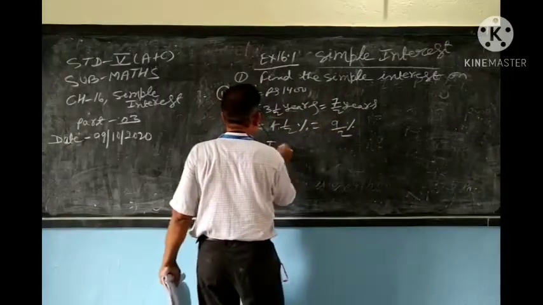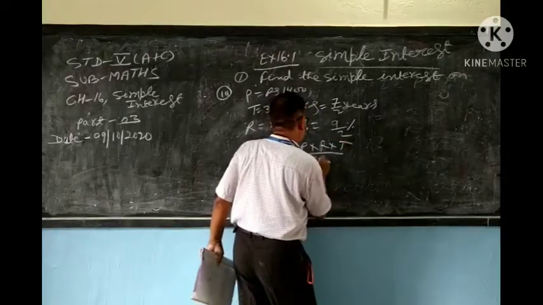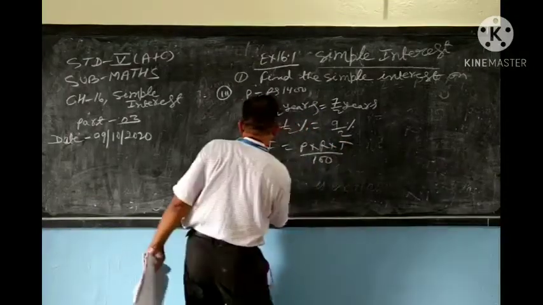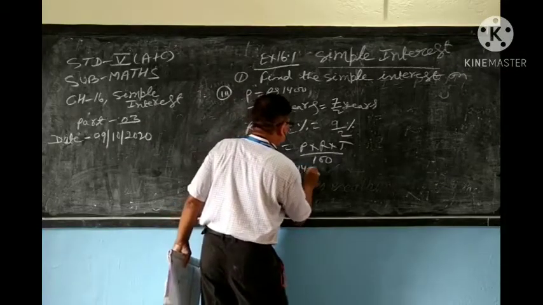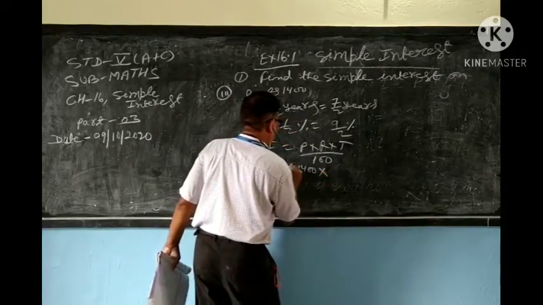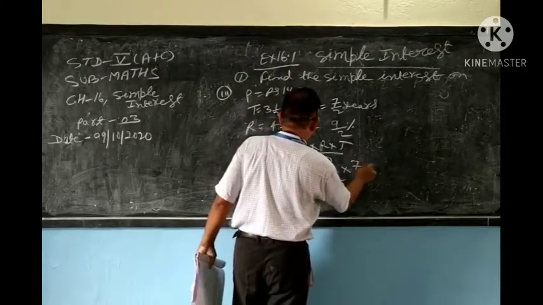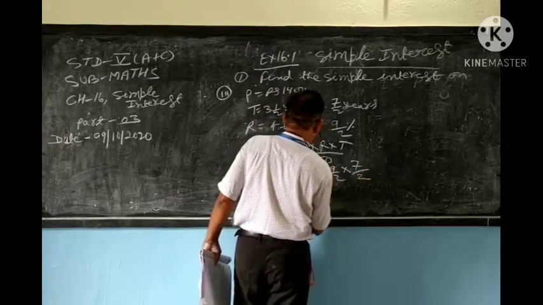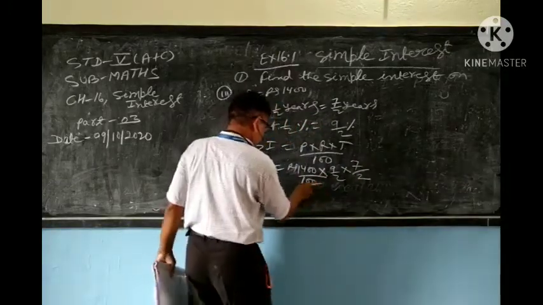My dear students, what will you write? SI is equal to P into R into T by 100. Now SI is equal to P, what is given? 1400 into R, 9 by 2 percent, T 7 by 2, by 100. Now see this one, this cut.